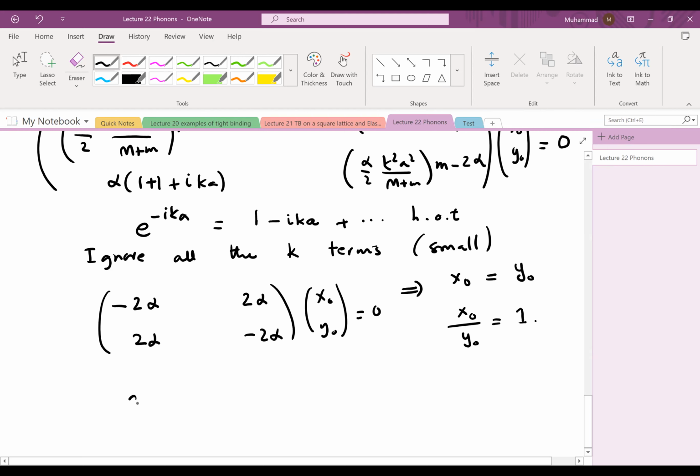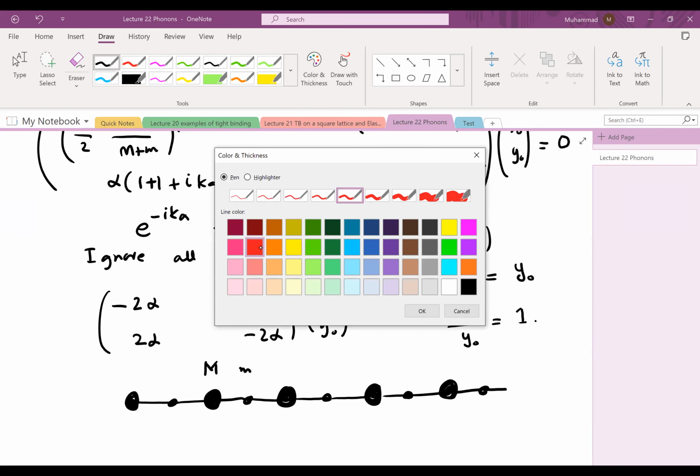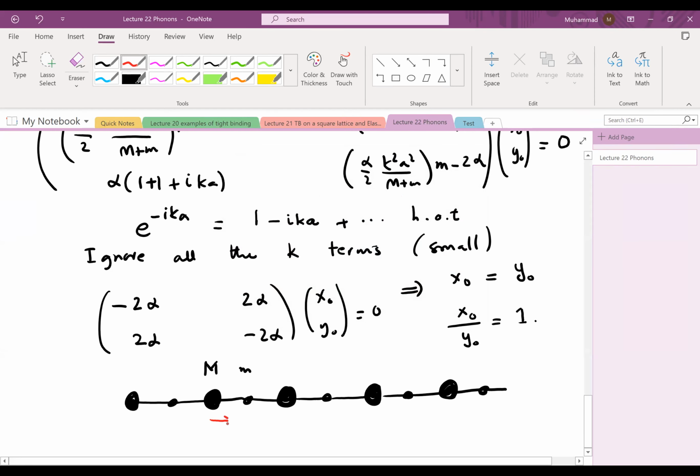So atoms capital M, small m, capital M, small m. The oscillation of capital M, let's say we've called it x naught. The oscillation of small m, let's call it y naught.